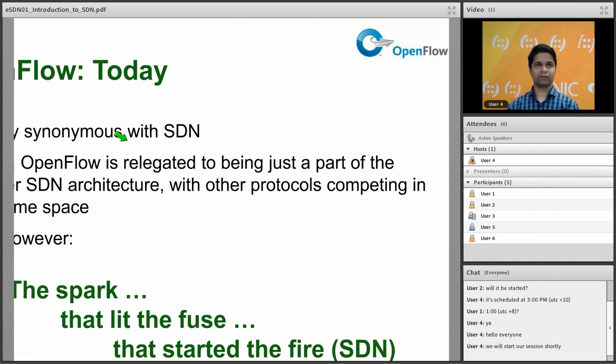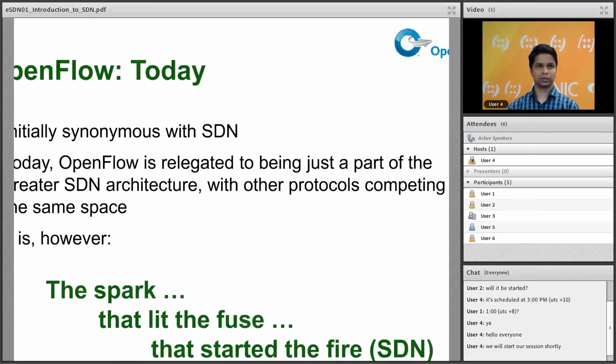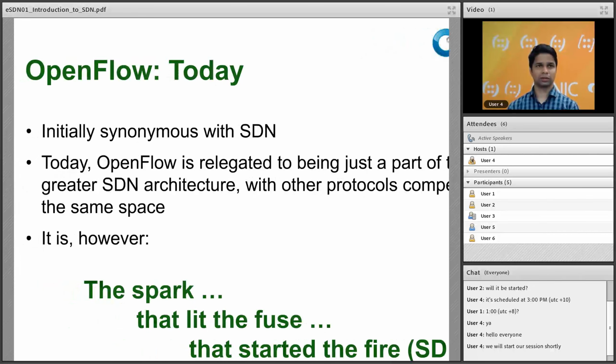So what we have as OpenFlow today: in the early days of SDN, OpenFlow was almost synonymous with SDN. People think SDN and OpenFlow are the same thing, but as it continues to evolve, there are multiple revisions of the protocol, and the current OpenFlow version is 1.5.1.